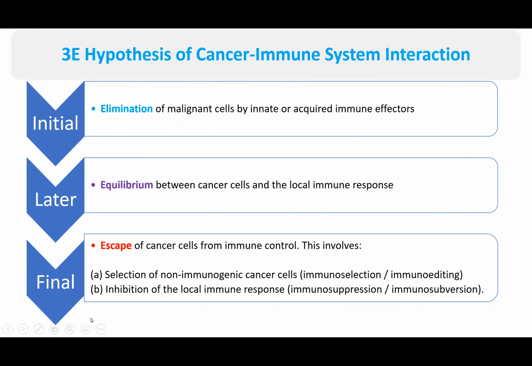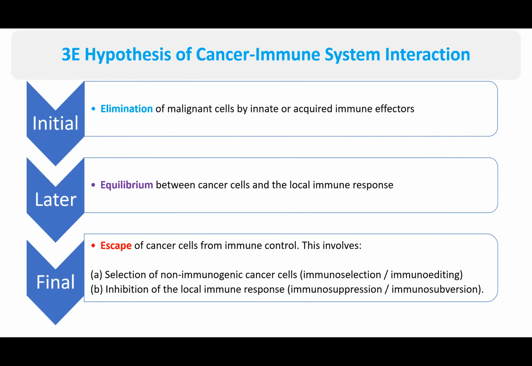But unfortunately, in the final, third phase, there is escape of cancer cells from immune control. And this is the fatal phase. Here, the immune system unfortunately becomes unable to attack the cancer cells. There are many reasons for this resistance, what we call immune resistance, that enable the cancer cells to escape out of the control of the immune system.